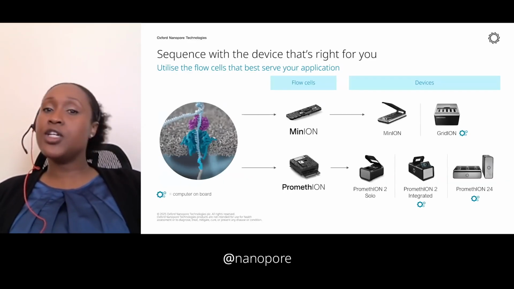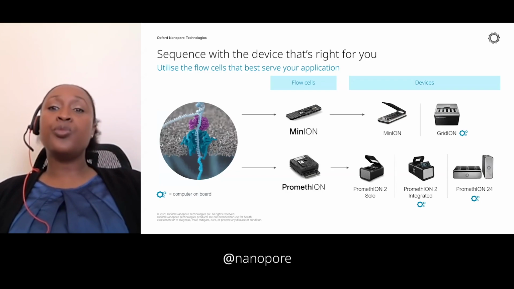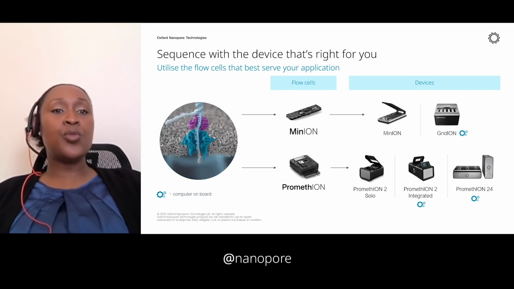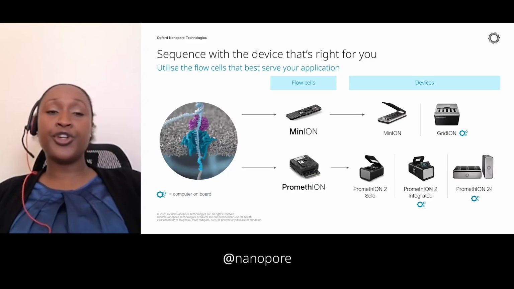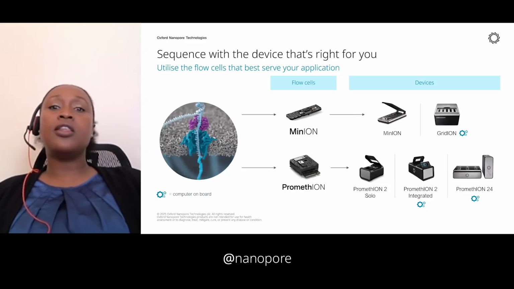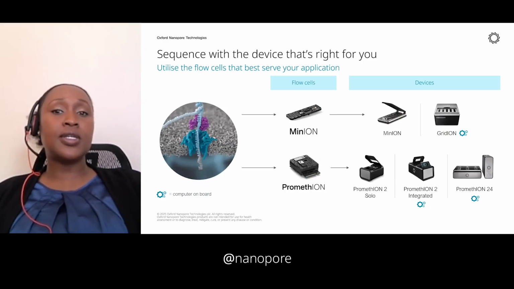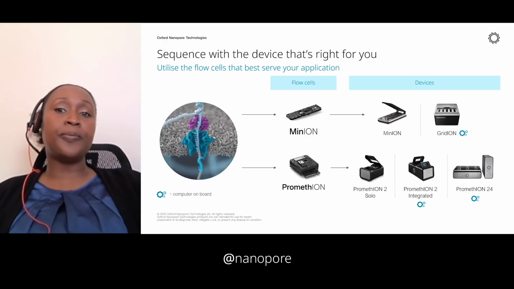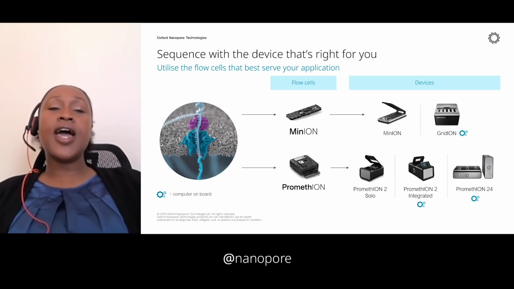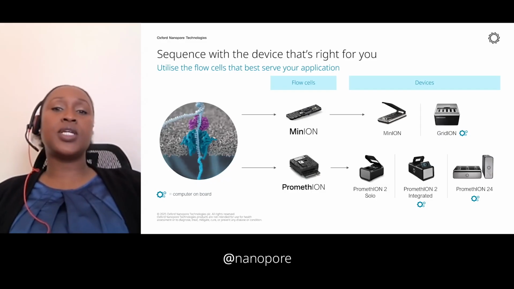Step 3. Sequencing. We have a robust fleet of sequencing devices that cater to the scope, scale, and throughput for your required projects. The device you choose depends on the data output your experiment requires and the number of runs you need to perform. The MinION and GridION devices run MinION flow cells, whereas the PromethION devices run the higher throughput PromethION flow cells.